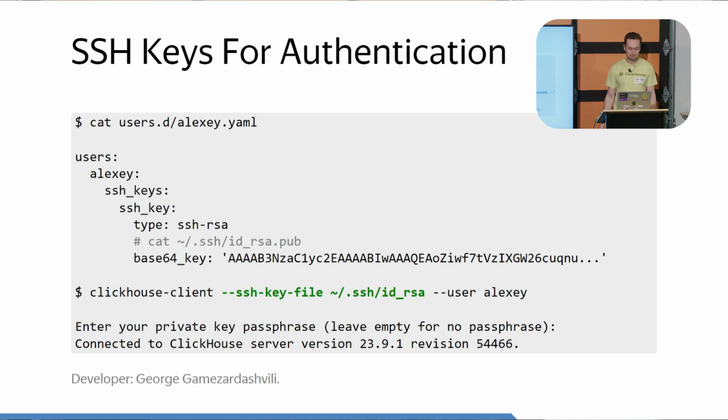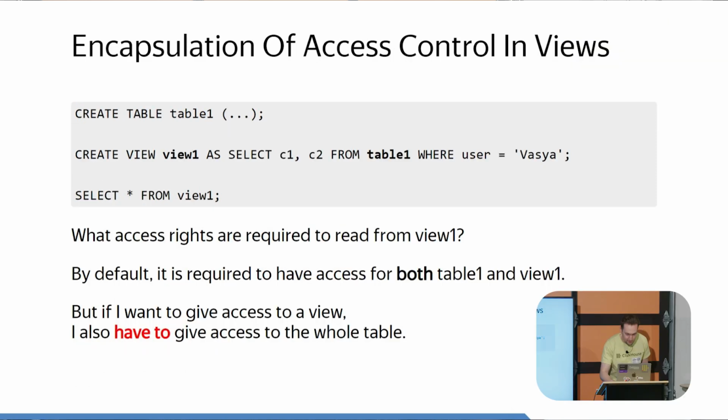And as you know, your private SSH key remains on your machine, and you only configure the public SSH key on the ClickHouse server side. So it is pretty nice. It is not going to be compromised. And it just works as usual.